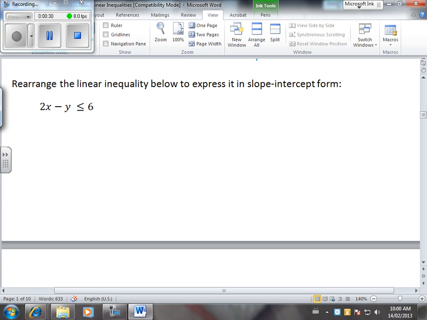So if we rearrange this, we get y by itself, and then we rearrange to get it into mx plus b form. And then anytime here we have a negative y, so we're going to either multiply by -1 or divide by -1.